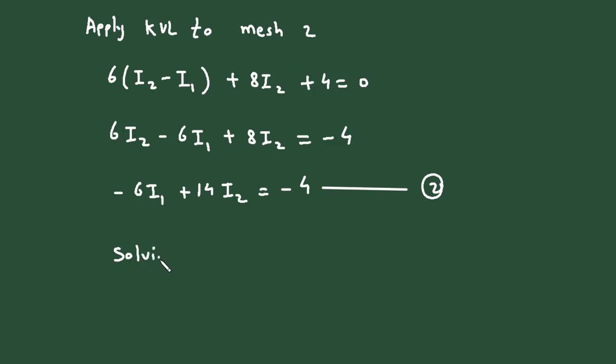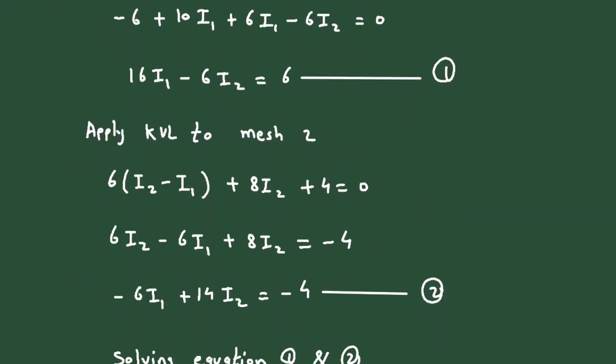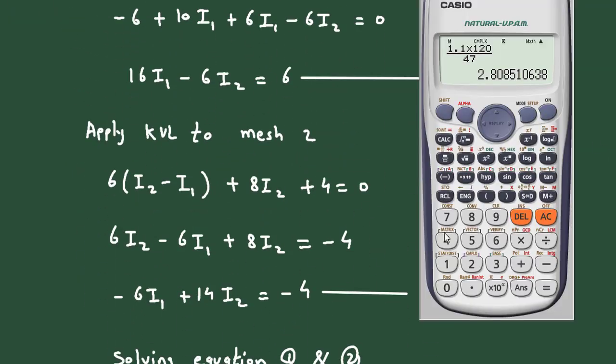Now solving equation 1 and 2, we can directly solve this in the calculator. So it will be shift mode, then 5, then there are two unknowns I1 and I2, so equation number 1.